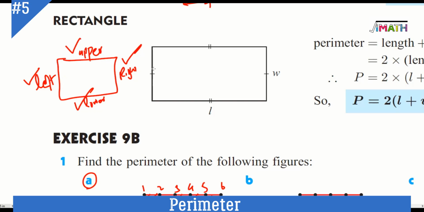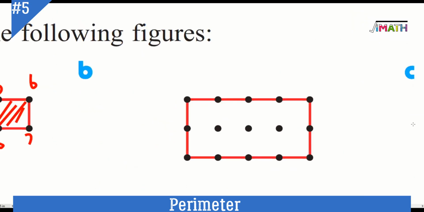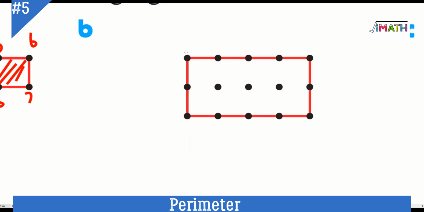Let's try this one here. How many dots are there on the boundary? On the top, yeah, on the top. 5. Add the right side length as well. Not 3.